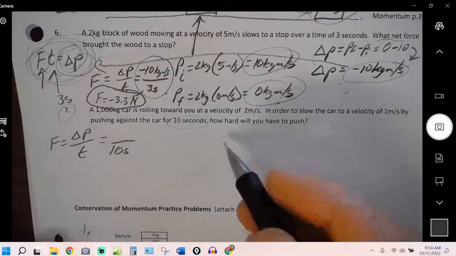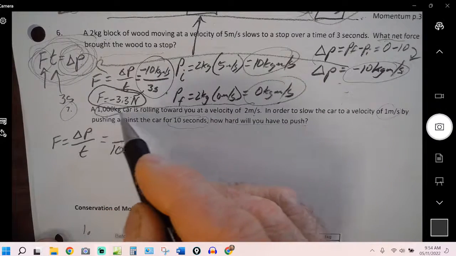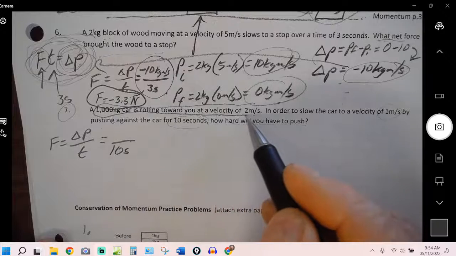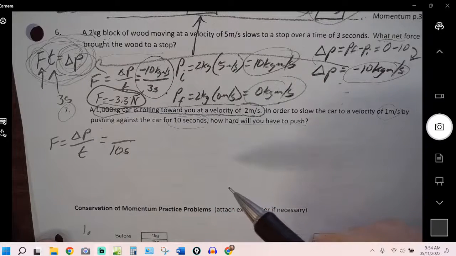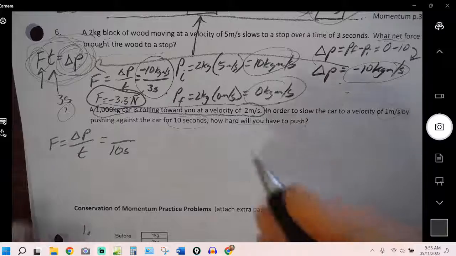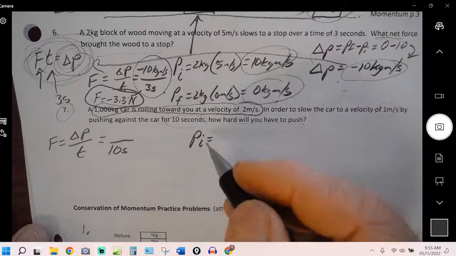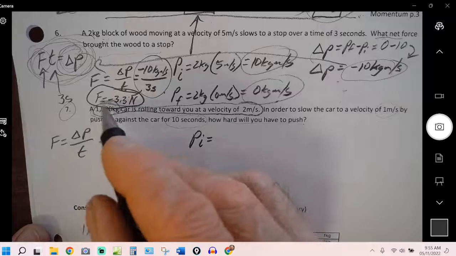So the change in momentum, in the beginning, it's got this much mass and it's going that fast. Can anybody just blurt out the momentum that it has in the beginning? More than 2. Begins with 2. The initial momentum is, the mass is 1,000.